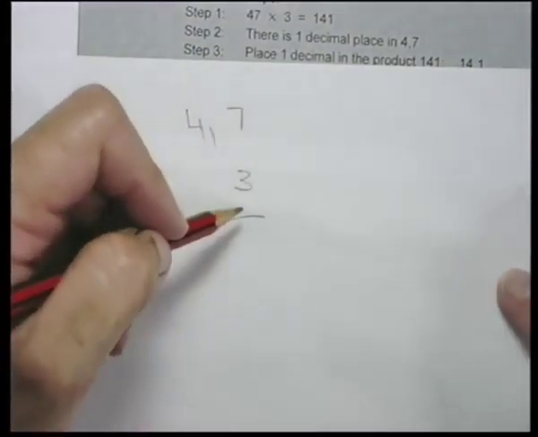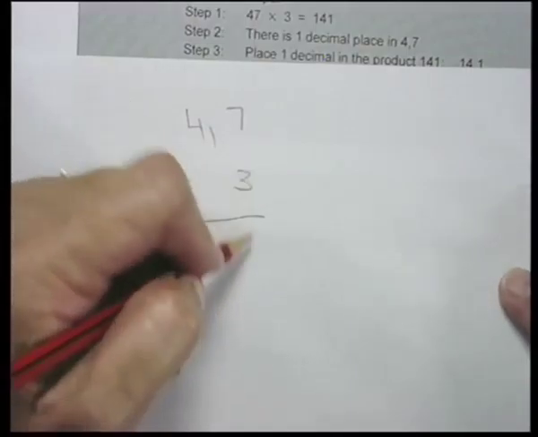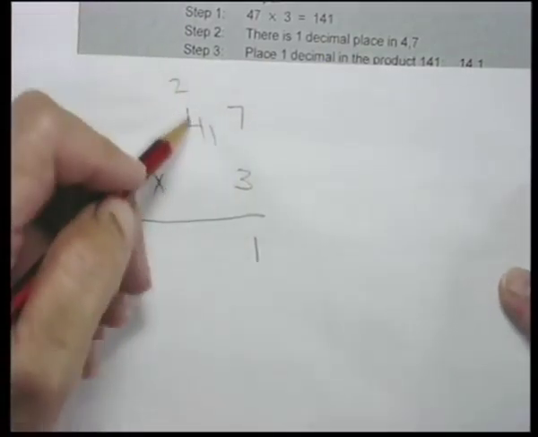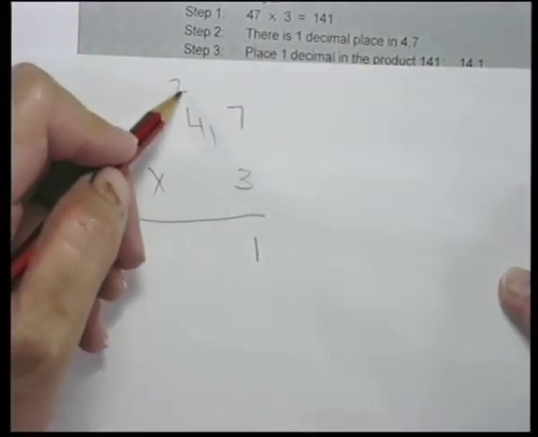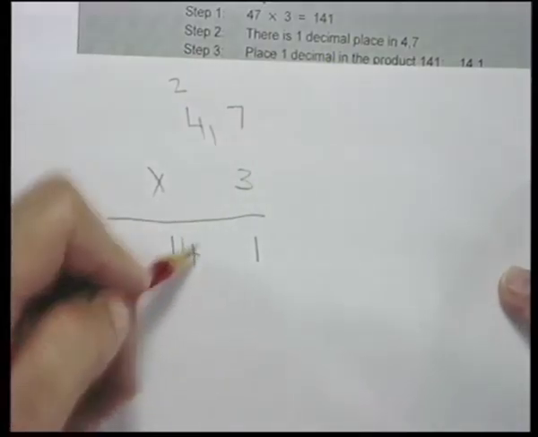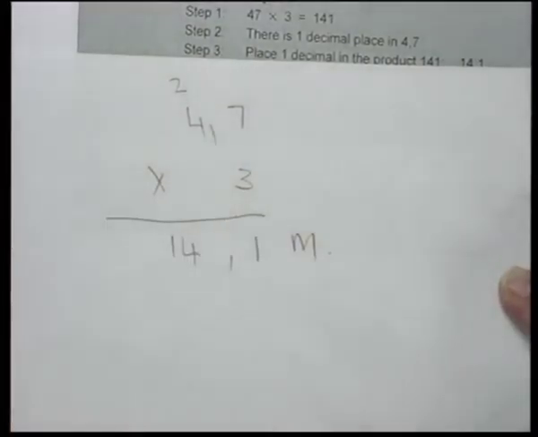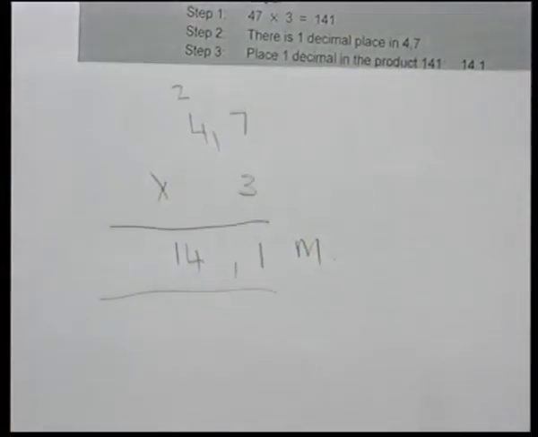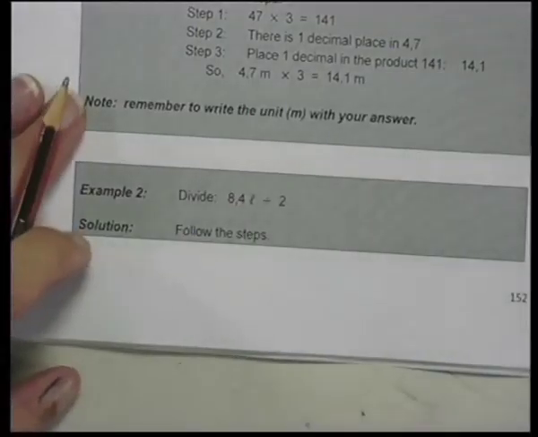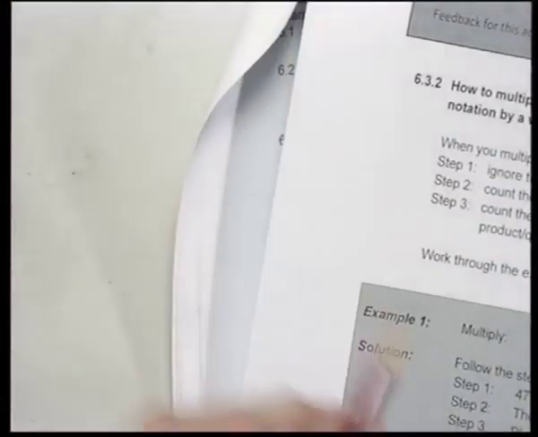We start from the back. 7 times 3 is 21. 4 times 3 is 12 plus 2, 14. And remember your comma. The question was in meters, so write your meters down. And your lines you always draw with a ruler, not like me, only with your hand.